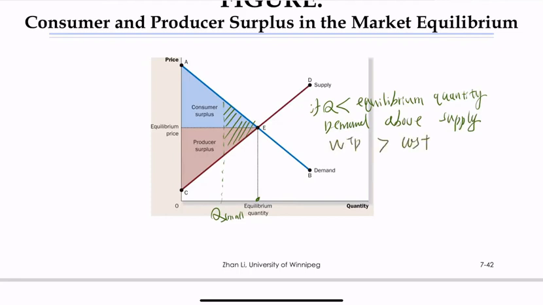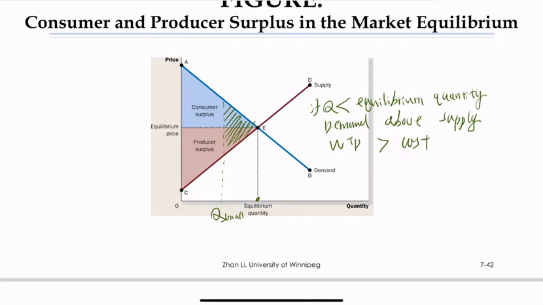This implies that the surplus for this little triangle is actually positive. And by decreasing quantity from equilibrium quantity to this smaller quantity, we're actually missing this positive amount of surplus. Again, this implies market becomes less efficient if we move to a lower quantity compared with equilibrium quantity, right?